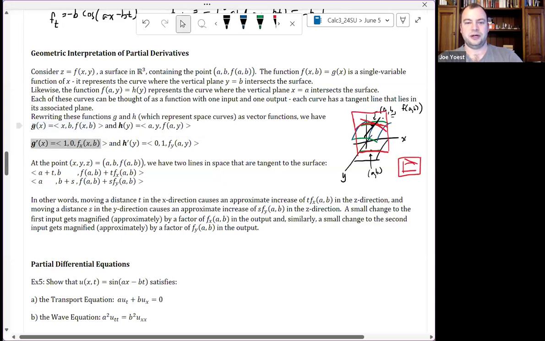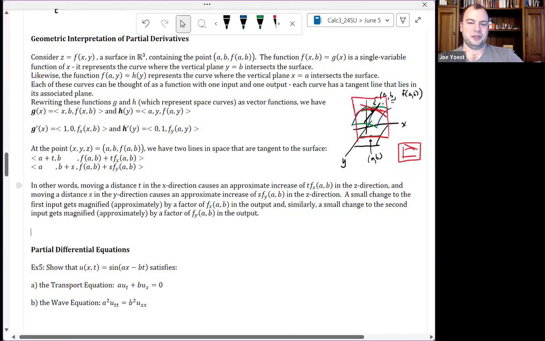So that's the direction vector. This is the starting point when x equals a, or it's just this point up here. And then similarly for the h's, again, we start at a, b, f of a, b. That's the point of tangency. And then we have direction vector 0, 1, f_y that's being multiplied by s, a different parameter from the first one.